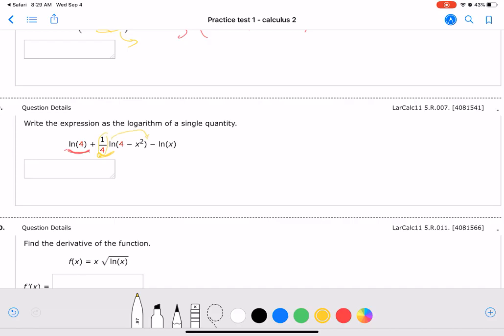The sign here is plus, so this term is also on the top. For the x, you have negative. That means x is in the bottom. So this is equal to ln. On the top, I will have 4, and then 4 minus x squared, but with the power 1/4. You see the power in here, and then x in the bottom. Done.